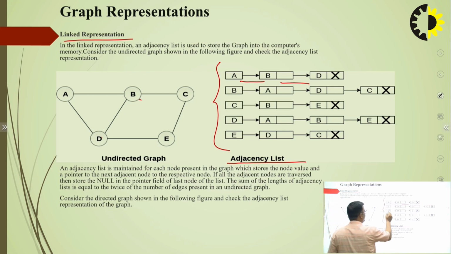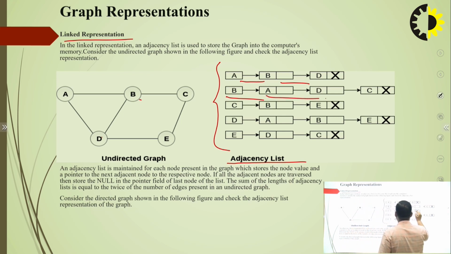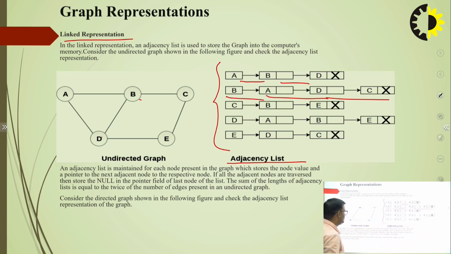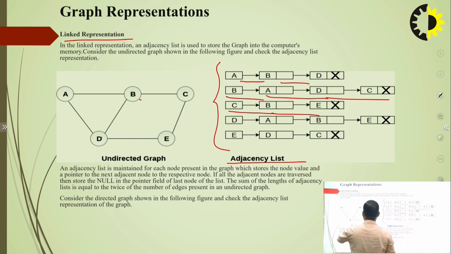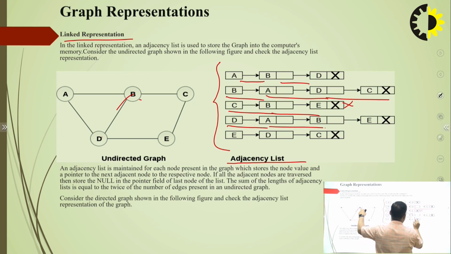Next, moving on. B to A has a connection, then A to D, and D to C. Is there one? No. Next, C to B has a connection, then B to E, is there a connection? No. Next, D to A connected, then A to B connected, then B to E connected.